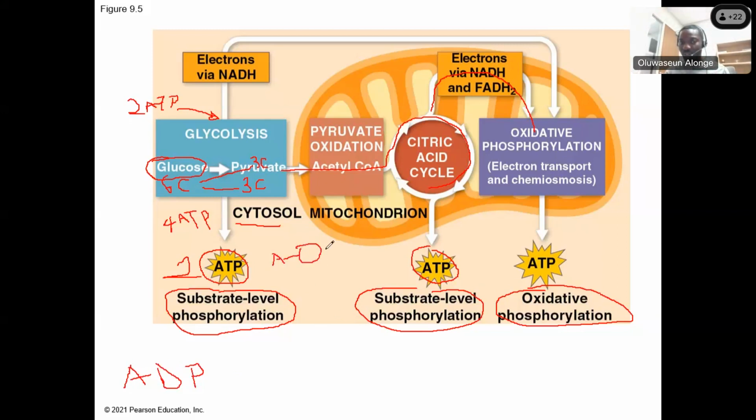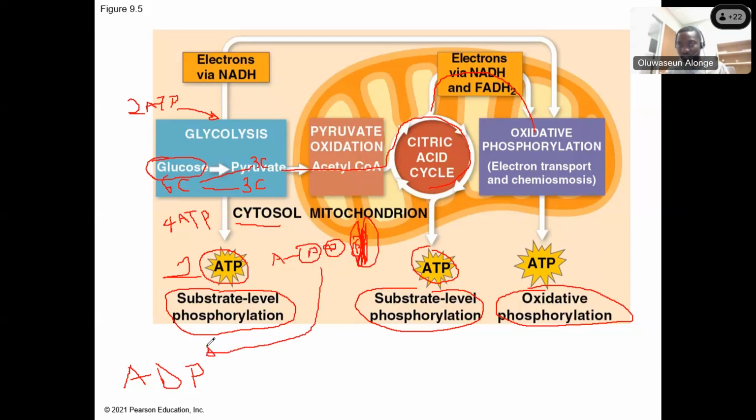I told you that anytime you want to use energy, you are simply using the last phosphate. This is what you send out. And when you send this, what is going to remain? It's going to remain ADP, adenosine diphosphate.